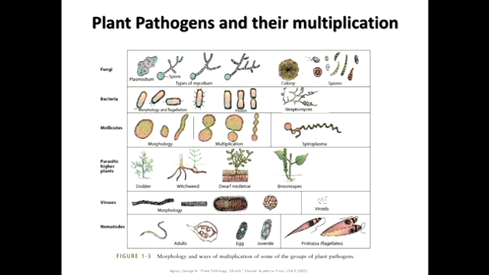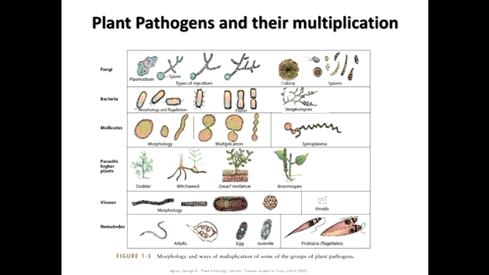And they multiply by asexual and sexual means. In sexual reproduction, they form some fruiting structure. We'll discuss in the next slide what the fruiting structure looks like. And if you see the spore categories on the very right hand, the spores are either single spores or many spores altogether, and the spore can be single celled or multi-celled, and the size can vary.